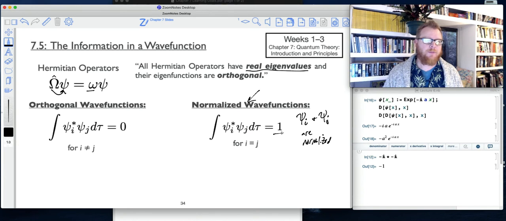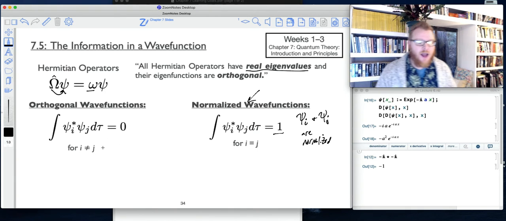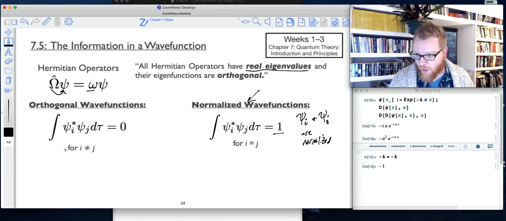So what about the case when i and j are not equal to each other? This condition still applies: psi i and psi j are normalized. But now, when we're talking about maybe a ground state and an excited state, i not equal to j, then those wave functions have to be orthogonal. Orthogonal means that when I take the square modulus of this and integrate, it's equal to 0.